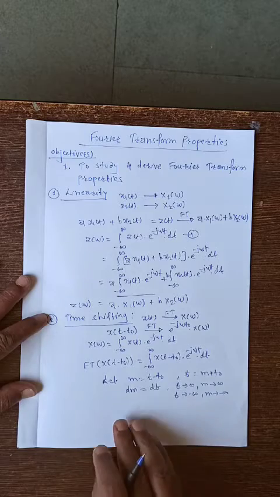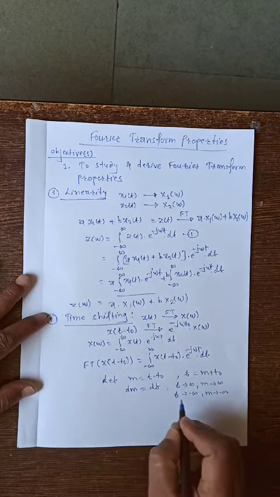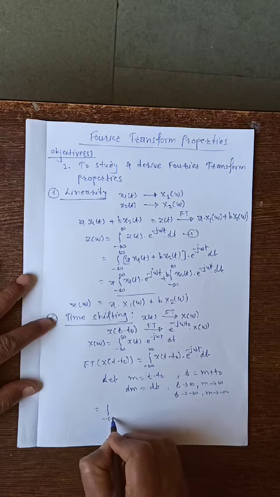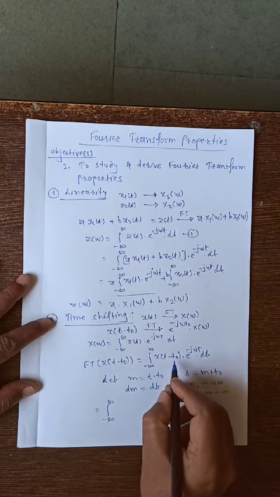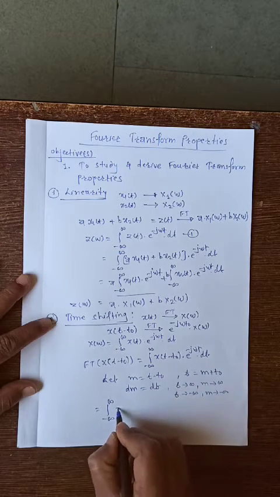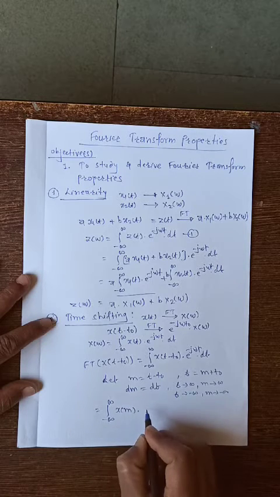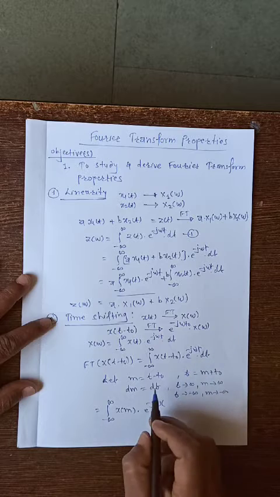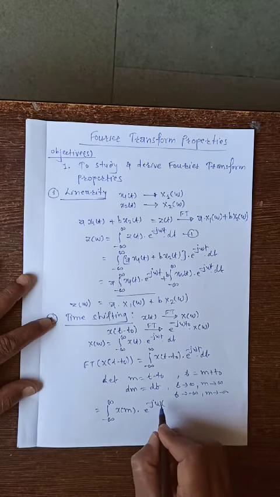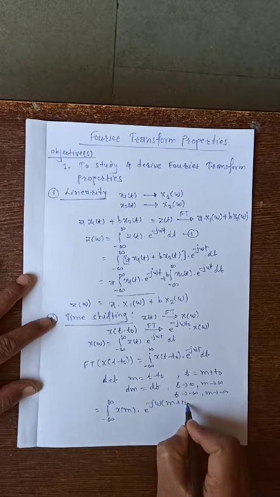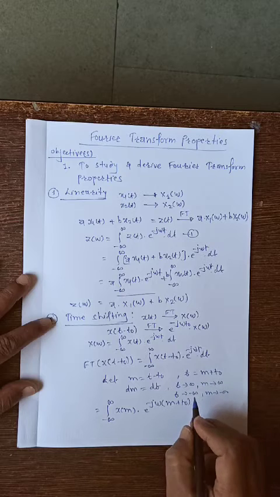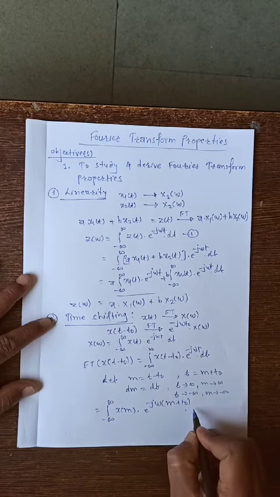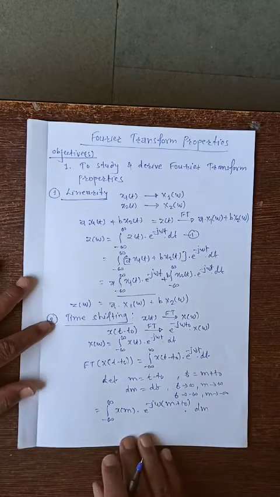There is no change in the integration limits, so it is minus infinity to plus infinity. Since t minus t naught is equal to m, we get x(m) e^(-j omega (m plus t naught)) dm.